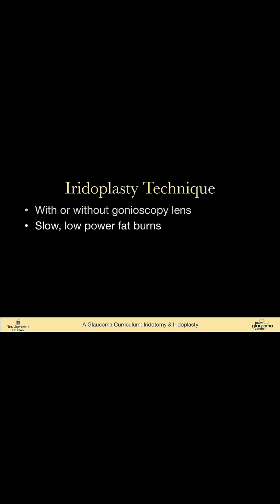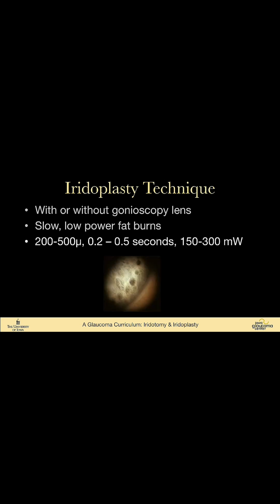Iridotomy, one wants a very small, fast, high-intensity burn to penetrate the iris. In this, we want slow, low-power burns that just cause the iris to shrink but don't penetrate. So in the range of 200 to 500 microns, long duration, 0.2 to 0.5 seconds, relatively low power.